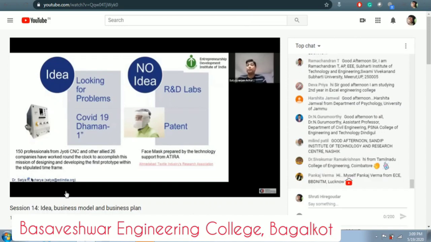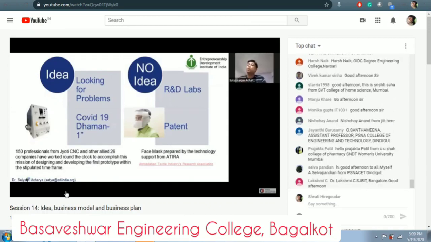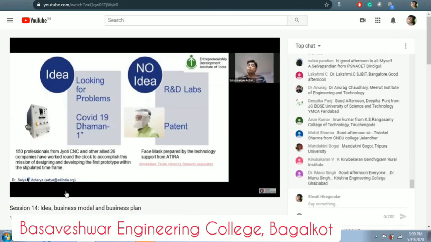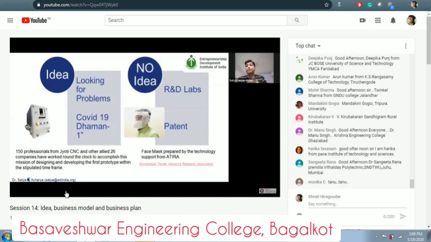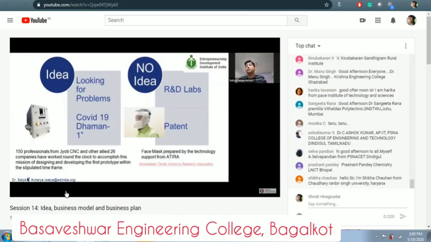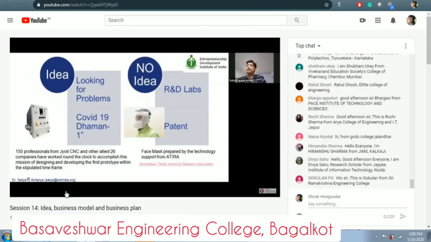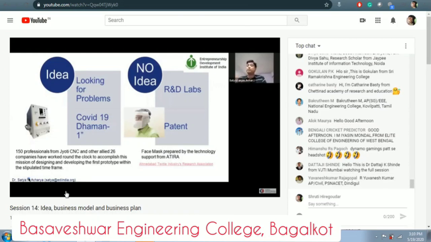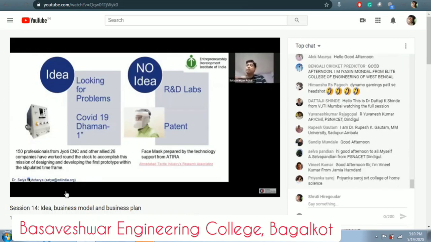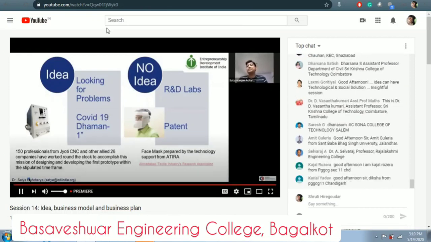So you don't have your own R&D capacities, you don't have your own technologies available, but you can borrow the technology to solve that problem. So here the idea is that you understand a problem, but you may not have a direct technology available, and you can use existing technology to solve that particular problem. One of our students recently came out with a particular mask, and they designed this mask, but the basic raw material required is supplied by Acharya, which is an Ahmedabad textiles industry.